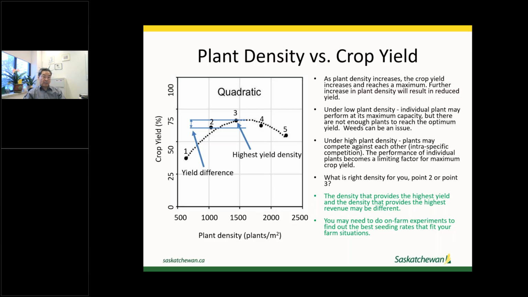So somewhere between point 2 and point 3 is the best plant density, even though the crop yield is not the maximum. In a practical sense, you may need to do an on-farm experiment to find the best seeding rate that fits your farm situation.